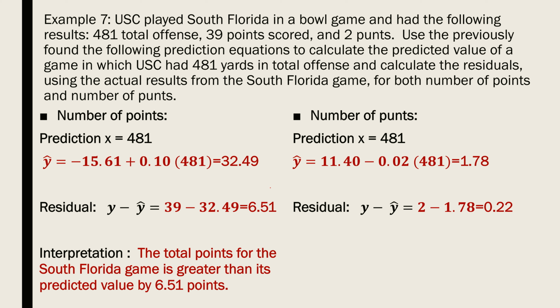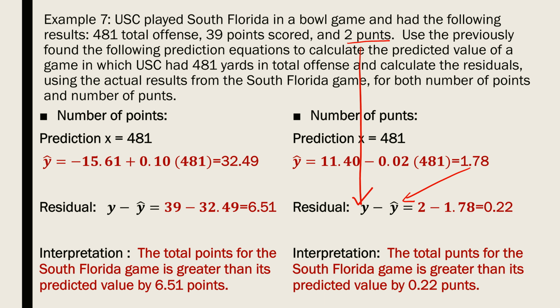The residual is calculated as the actual punts USC made minus the estimated number of punts. The difference between 2 and 1.878 is the residual. This means the total punts for the South Florida game is greater than its predicted value by 0.22 punts.